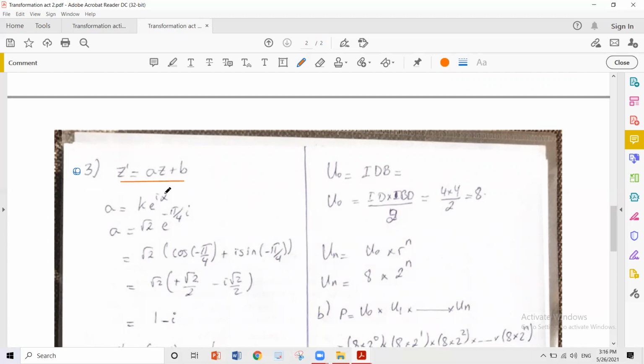So A equals K e to the i alpha. The K is radical 2, the alpha is minus pi over 4, so A equals radical 2 into cosine minus pi over 4 plus i sine minus pi over 4.